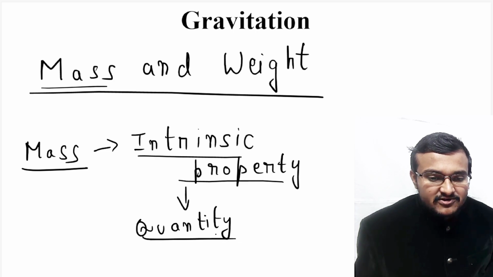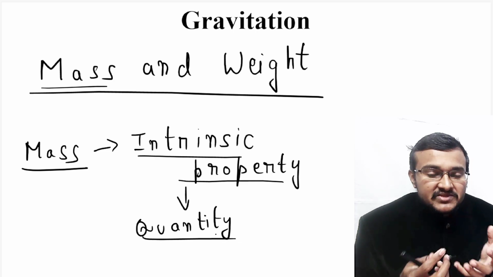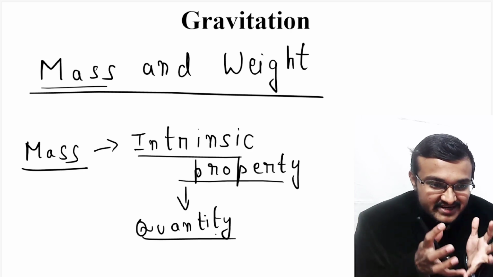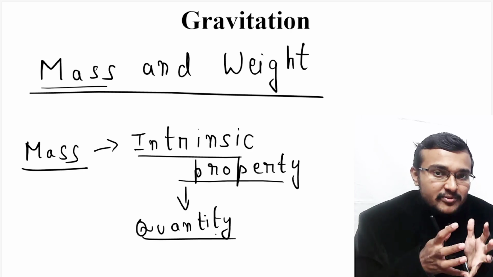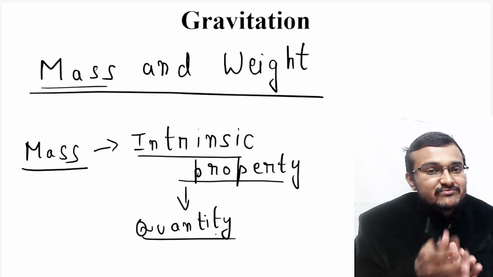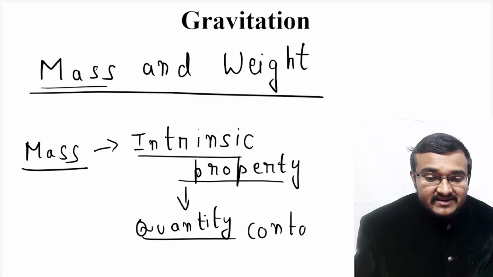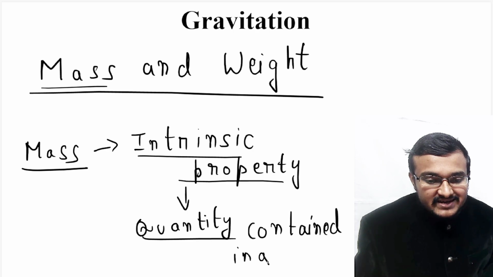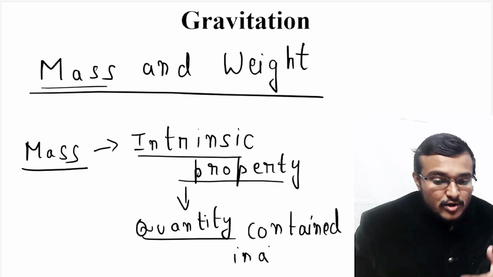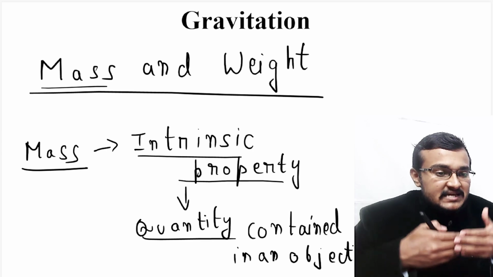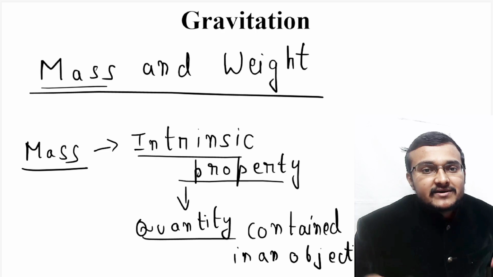It is basically a measure of quantity. How much is there in that particular object? That quantity, that intrinsic property of the object, is known as mass. We just came up with a term called mass.